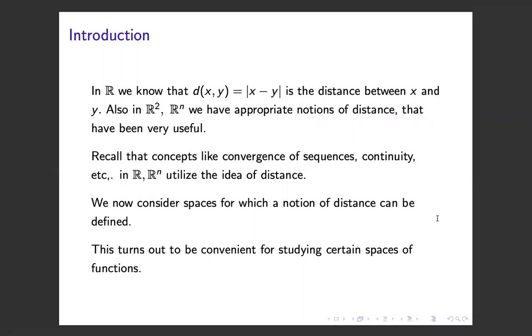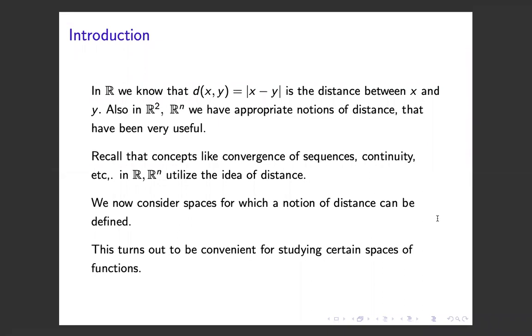So in the real line, you know that mod x minus y is the distance between two points x and y. And by now you must be familiar that in R2 and Rn, one has appropriate notions of distance. For example, in R2, you can even draw pictures and have a good idea.